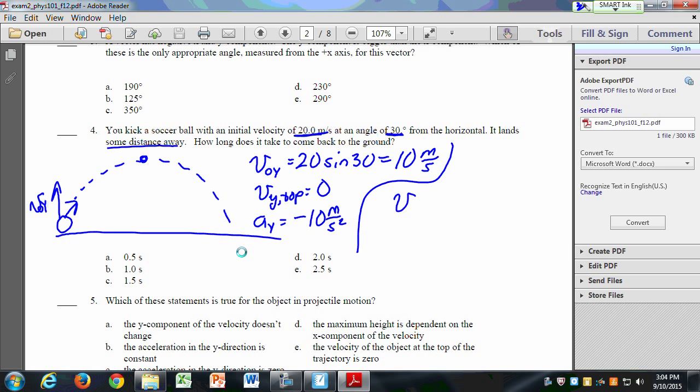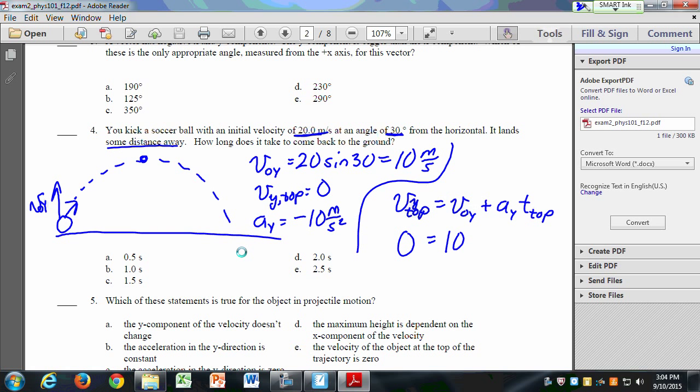I just say v, this is v in the y direction at the top, is equal to v_0y plus a_y times t at the top. And then I'm just solving for t_top, right? Same problem as we had on the test. Didn't we have something very similar to this? Yeah. So v_y at the top is 0.